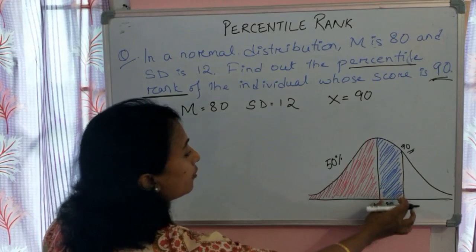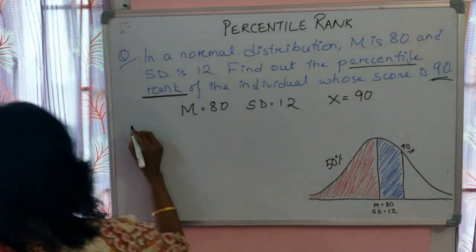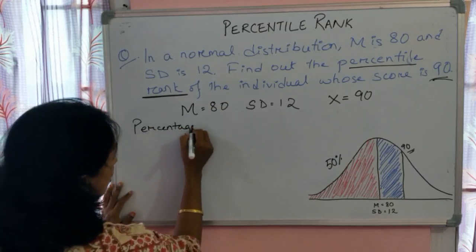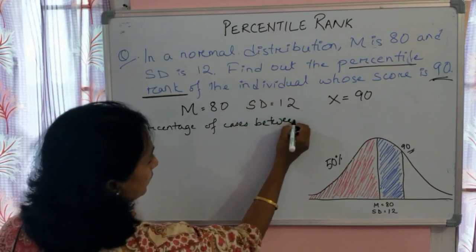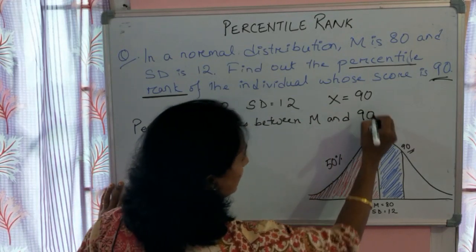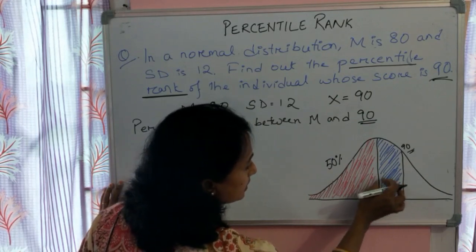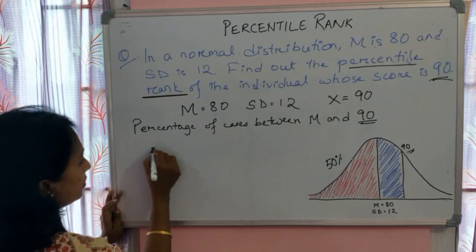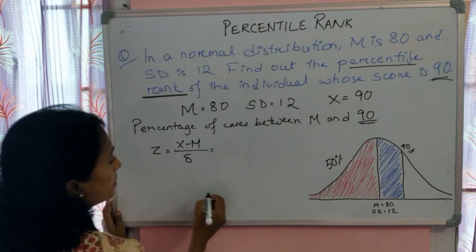For this portion, we need to find out the percentage of cases between the mean and 90. This blue shaded portion we will find out. For this we find out the z-score, that is x minus mean divided by standard deviation.